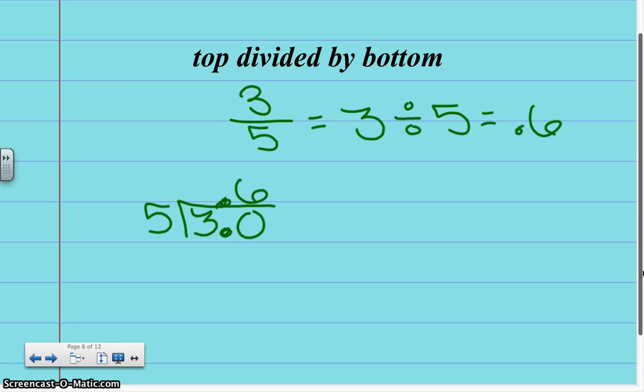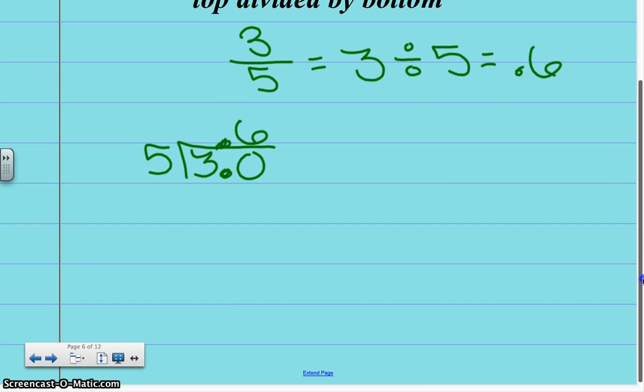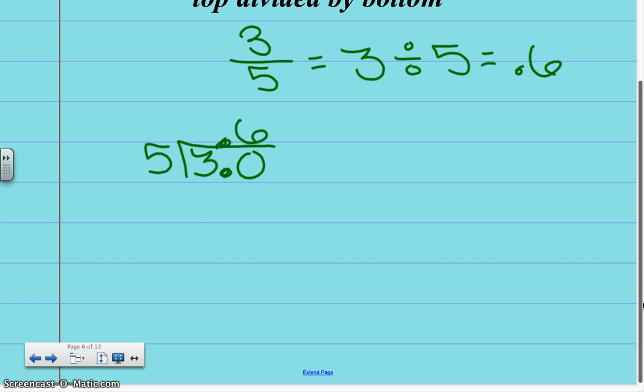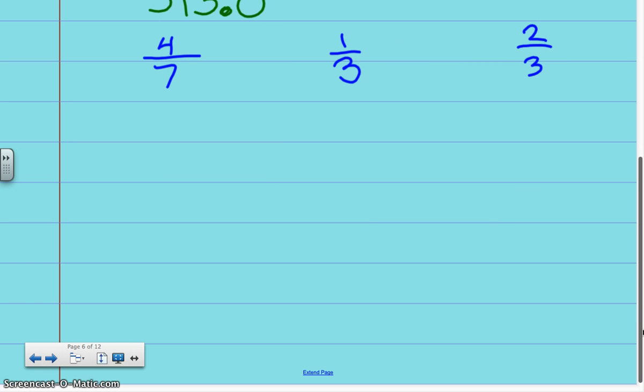I want you to practice converting the following fractions into a decimal. 1/3, 2/3, 3/8, 7/12, and 4/5.